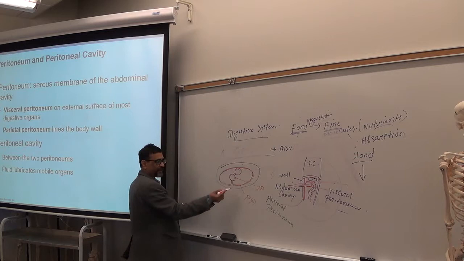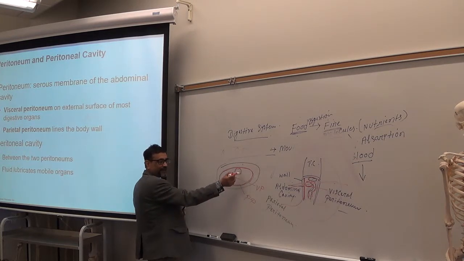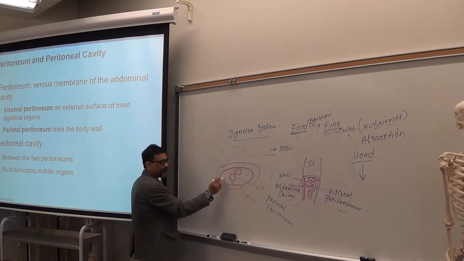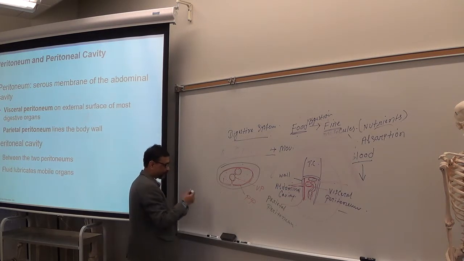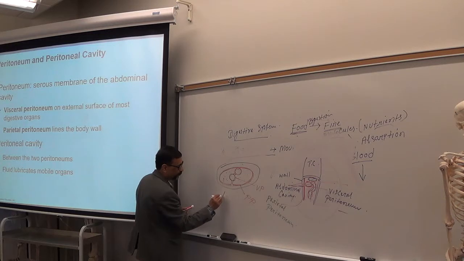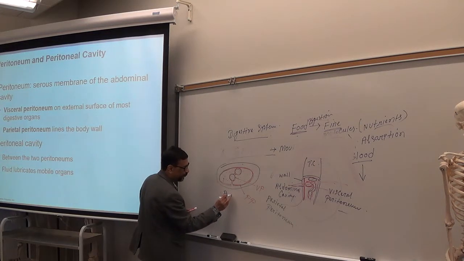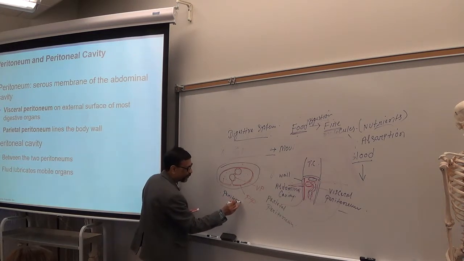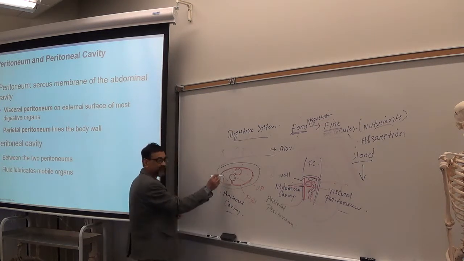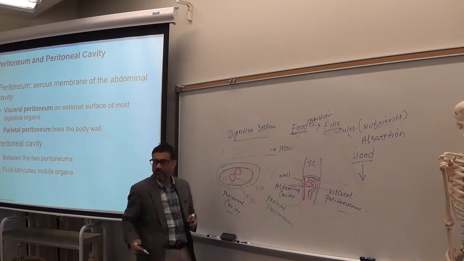Okay. Now you see there is a big cavity between parietal and visceral, right? Big space here, and that is called the peritoneal cavity. Peritoneal cavity. Make sense? A space.